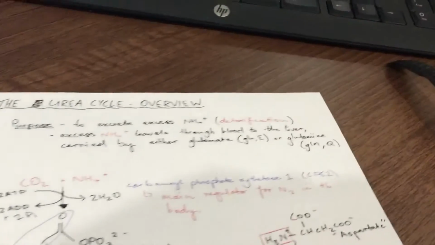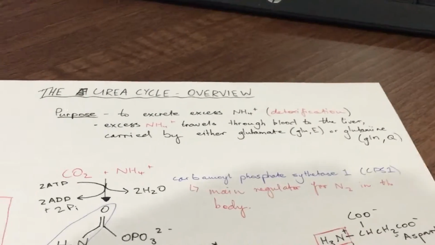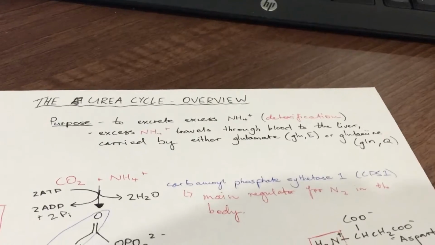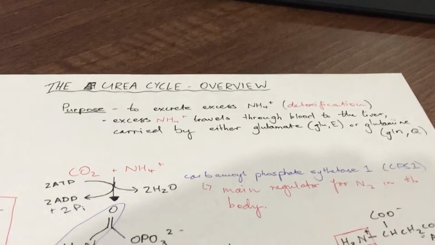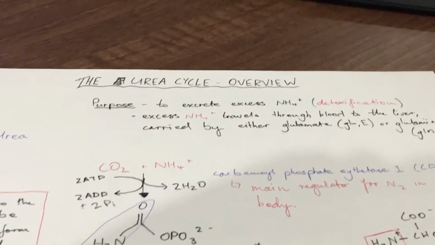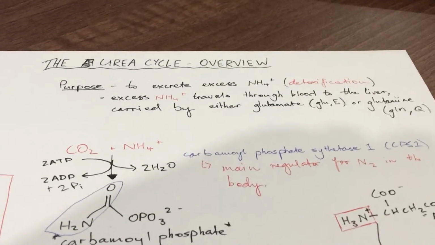But in, say, fish and amphibians, they actually only deal with ammonia. This ammonium compound is never really found within their system. This ammonia has the ability to simply be excreted into the water, and it's quite a permeable molecule.